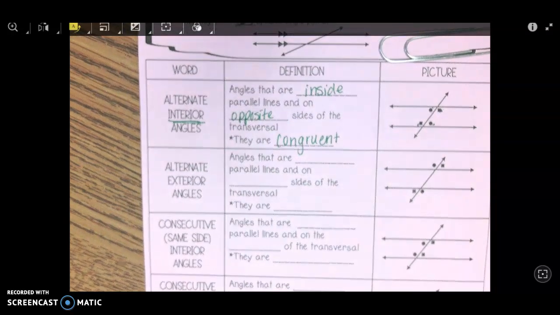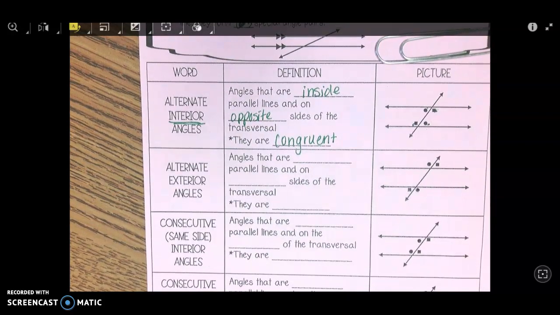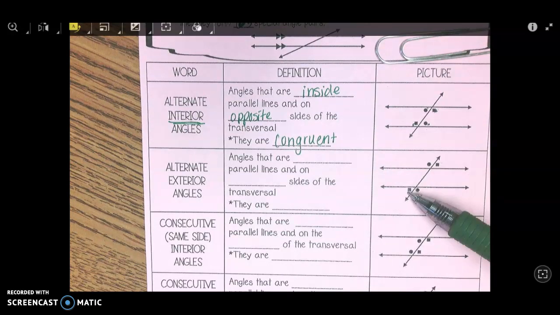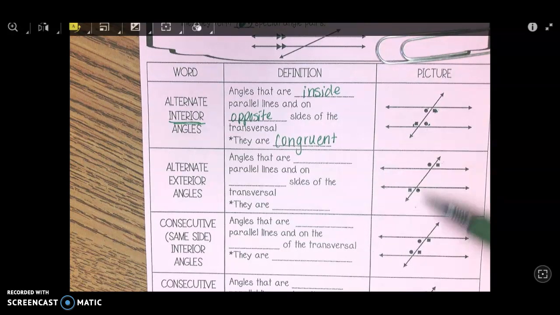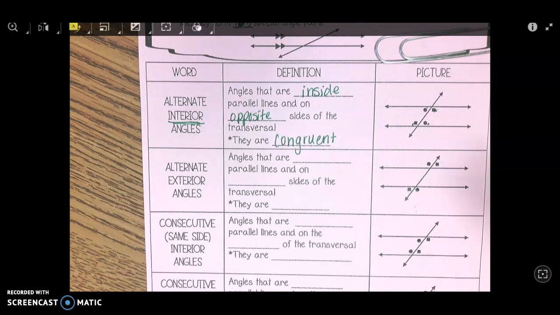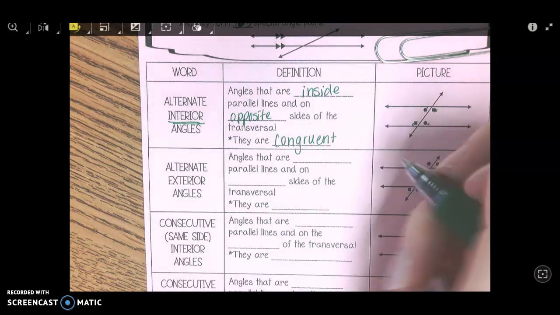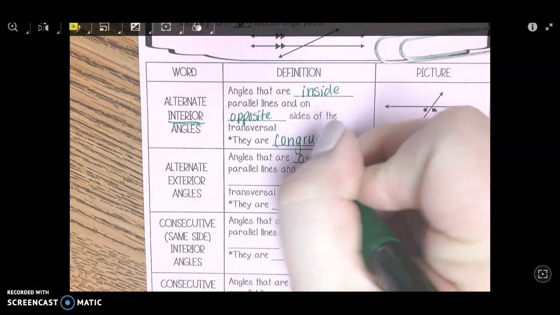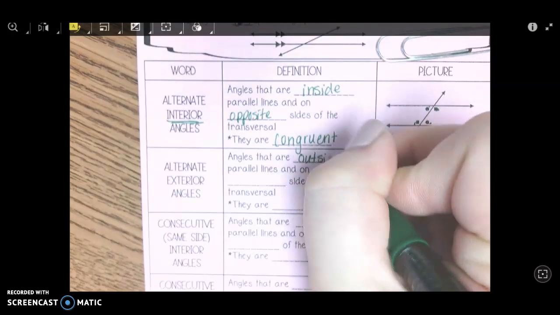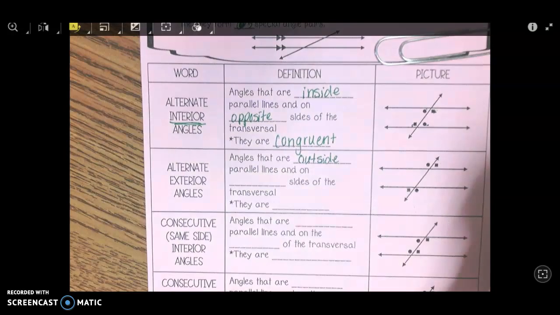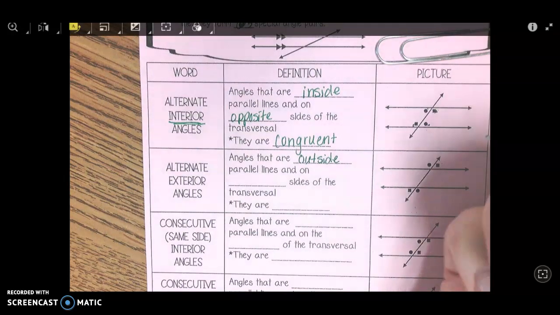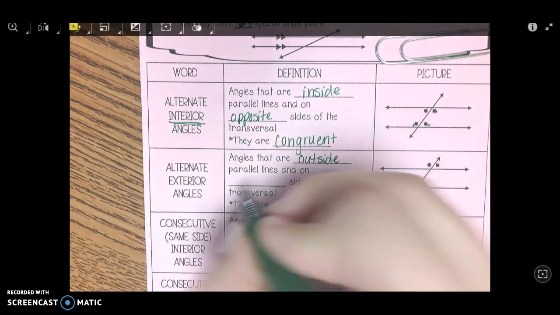Next, we have alternate exterior angles. In the picture, these squares would be alternate exterior and these circles would be alternate exterior to each other. Angles that are outside the parallel lines and on opposite sides of the transversal.